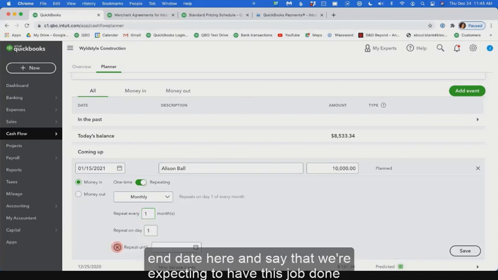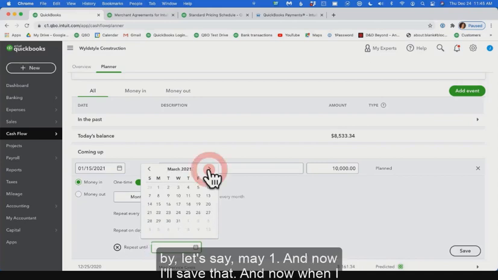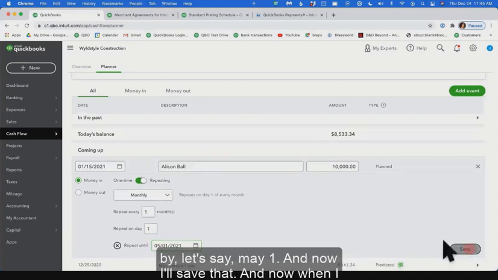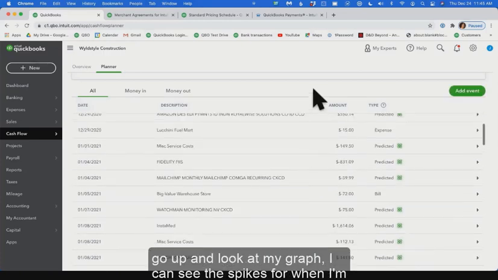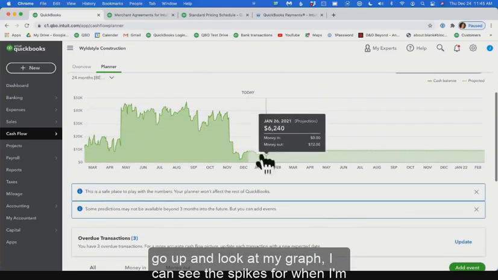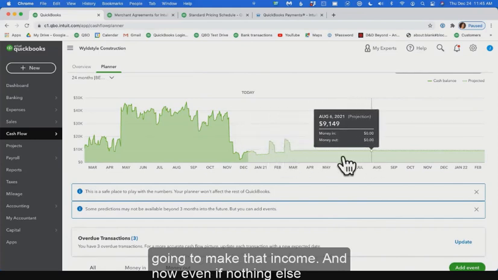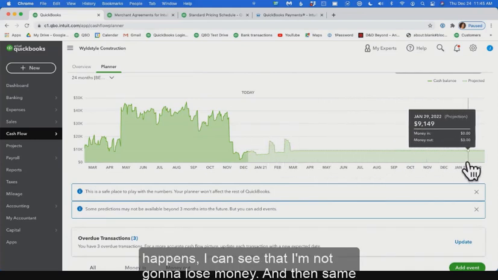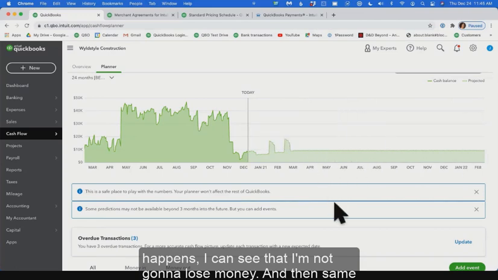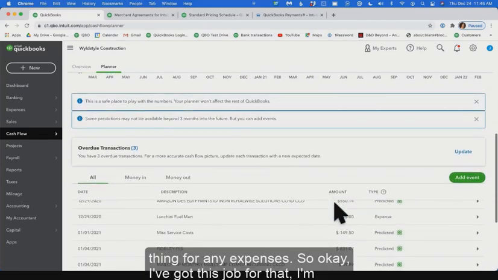So I'm going to add an end date here and say that we're expecting to have this job done by, let's say, May 1st. And now I'll save that. Now when I go up and look at my graph, I can see the spikes for when I'm going to make that income. And now, even if nothing else happens, I can see that I'm not going to lose money there.